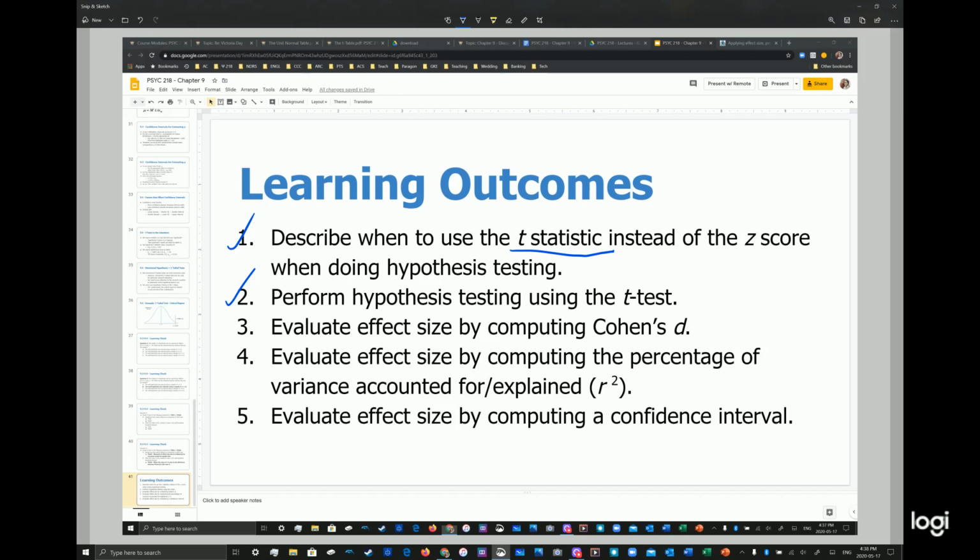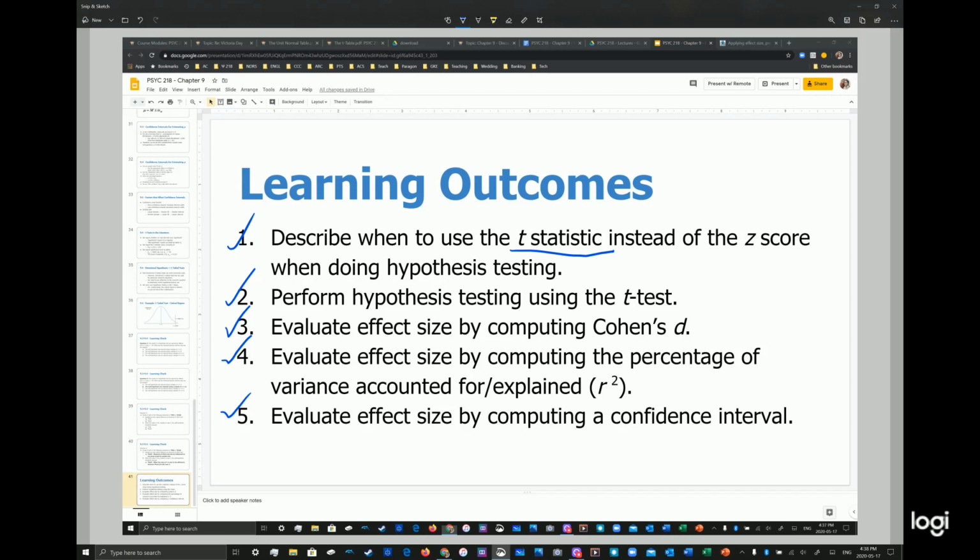If you have made a decision to reject, you should be able to calculate the effect size in a number of ways, including Cohen's d, proportion or percentage of variance explained or accounted for using r squared, and also the confidence interval. Again, each is with its own technique, and each measuring something. So for Cohen's d, you're measuring mean differences.